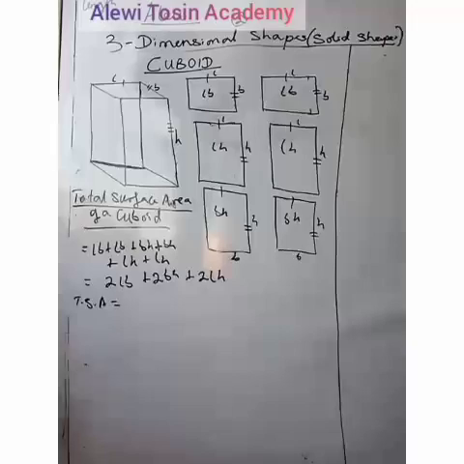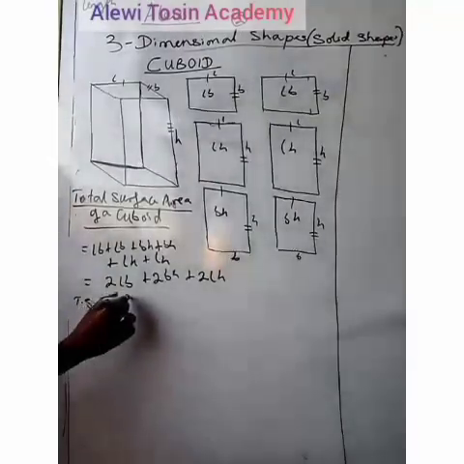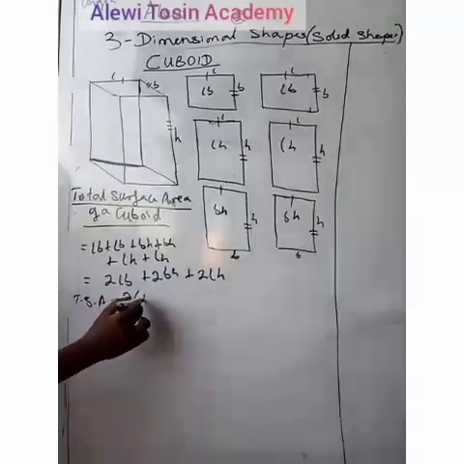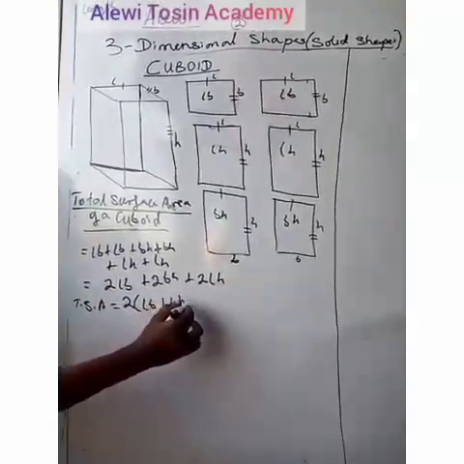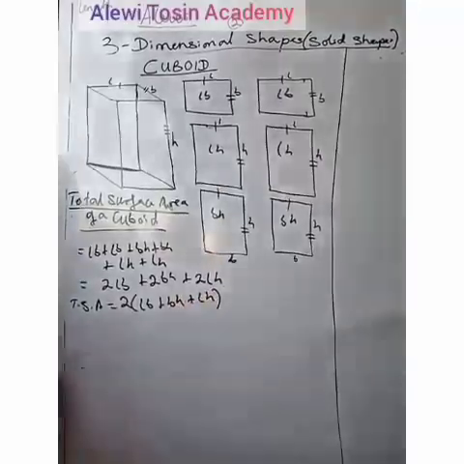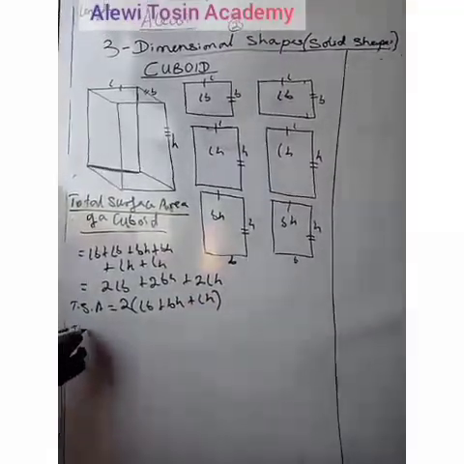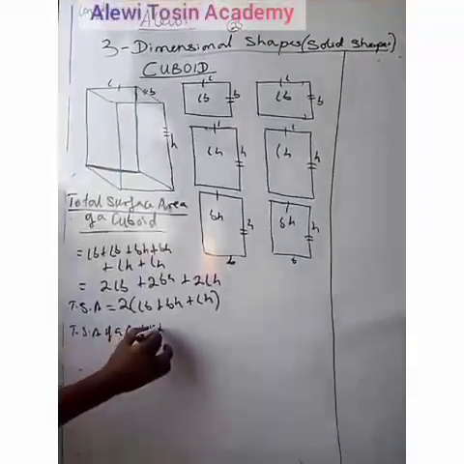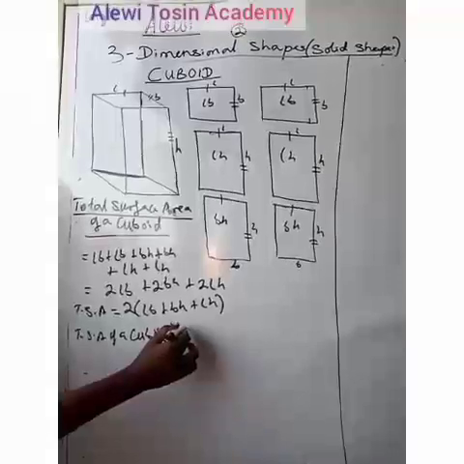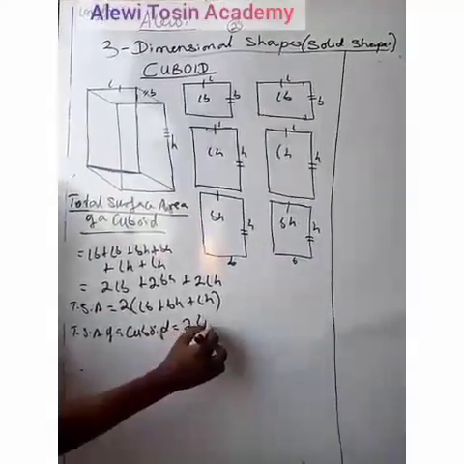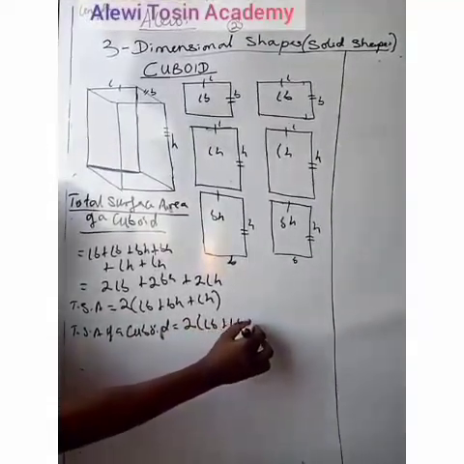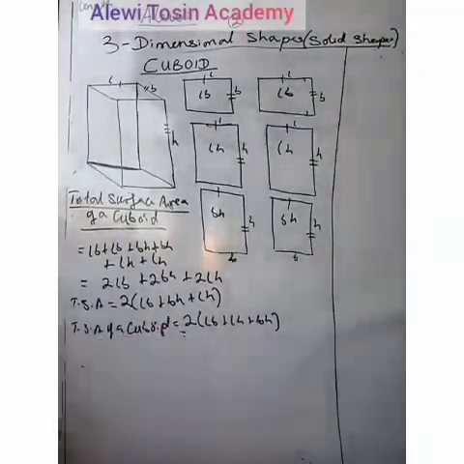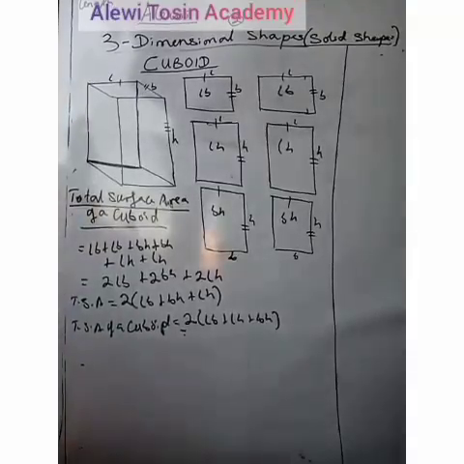If you factorize this, what is common here? The highest common factor is 2. So we say this will be 2 into brackets LB plus BH plus LH. Yes, that's the total surface area of a cuboid: 2(LB + LH + BH).